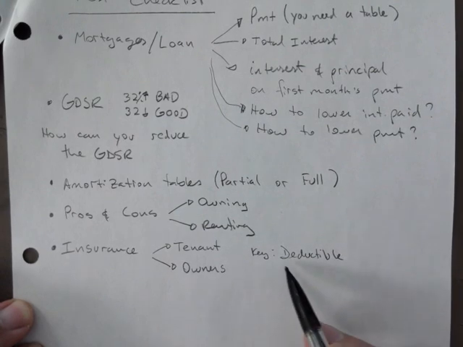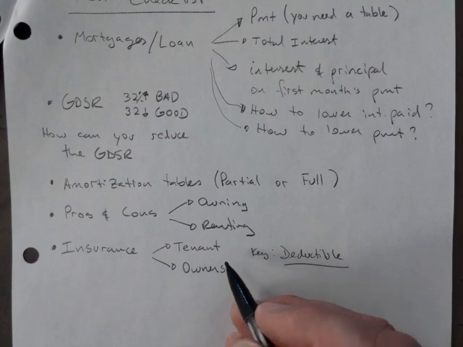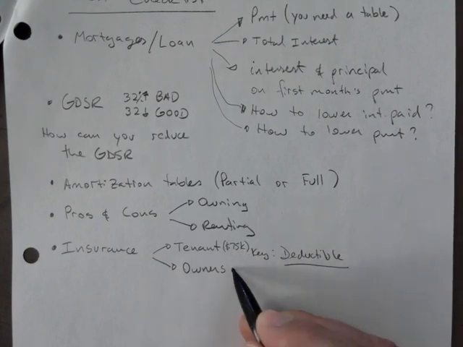Have your formula. There's just one formula really for both of them. Sometimes you go over the max, sometimes you don't. What's the max for tenant insurance? 75K. Help yourself out. The table has it. Homeowner, 200,000.